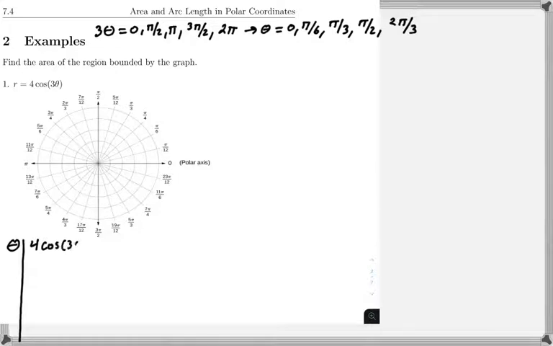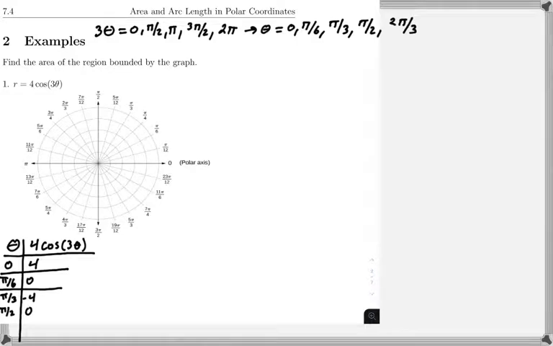So we have r equals 4 cosine of 3 theta. When we evaluate this at 0, the cosine will be 1, so 1 times 4 is 4. When we evaluate at pi over 6, the argument will be pi over 2, and cosine of pi over 2 is 0. Evaluated at pi over 3, that will give us the cosine of pi, which is -1, times 4 is -4.